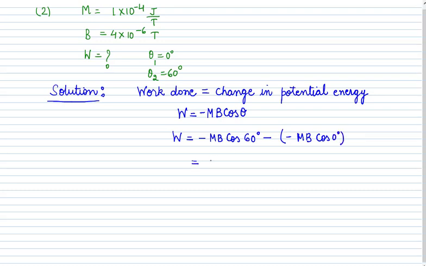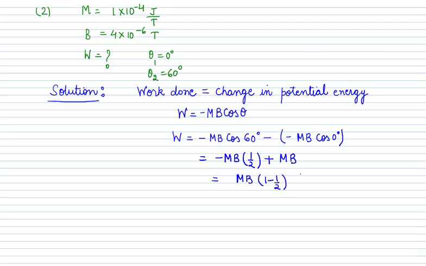Cos 60 is always 1 by 2, and this minus makes a plus, and cos 0 degrees is always 1, so this is plus mB. So we have minus mB by 2 plus mB, so this is equal to mB times 1 minus 1 by 2, which is half of mB.